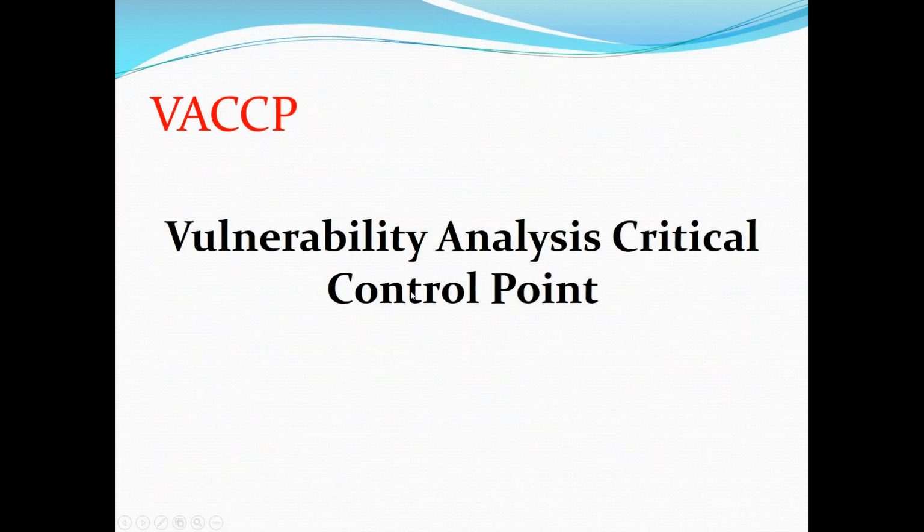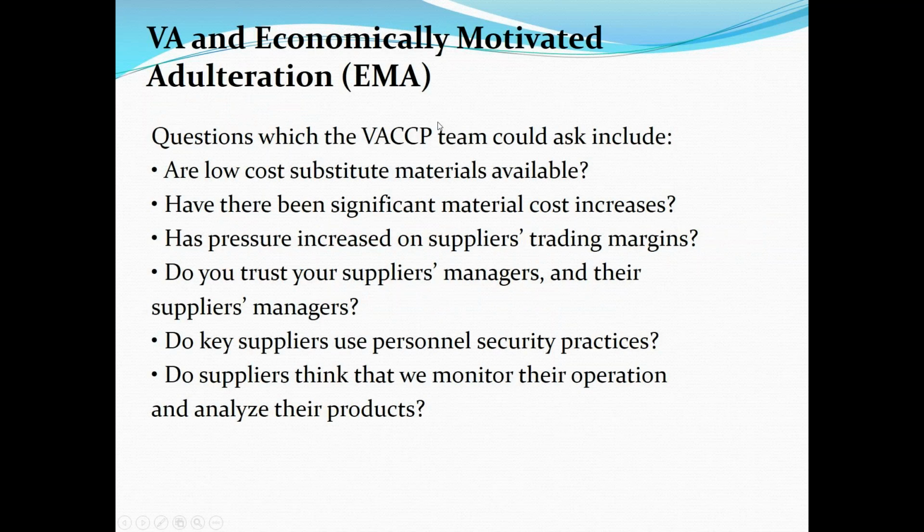Now let's see the VACCP system. Actually, this talks about vulnerability analysis and critical control point. A typical feature of economically motivated adulteration, that is EMA, is the substitution of a low-cost item in place of a relatively high-cost ingredient or component.